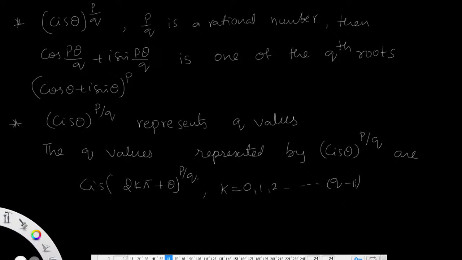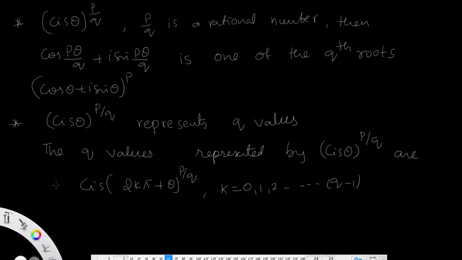This is like the nth roots we learned previously. In the form of p by q, where p by q is a rational number, this also represents q values, given by cis of (2k pi plus theta) whole to the power of p by q, where k equals 0, 1, 2, up to q minus 1.